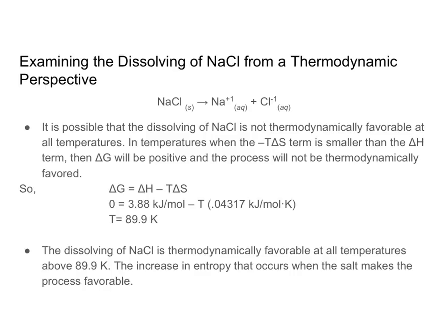Now 89.9 Kelvin, subtract 273 from that, is ridiculously cold. What state of matter is the ice going to be at that point? Ice. Yes, it's going to be solid.